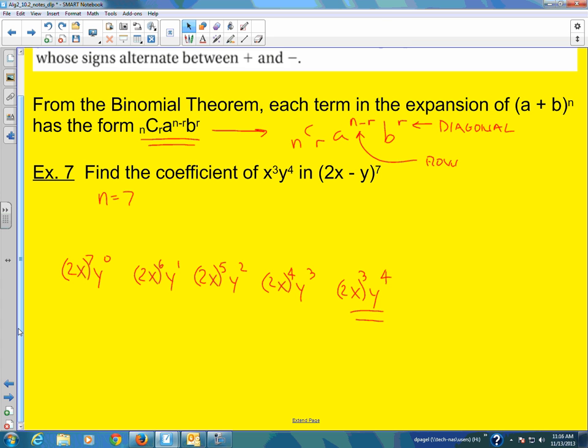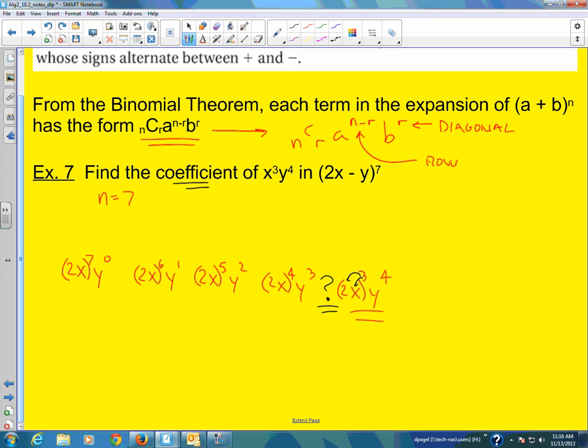And we're trying to find out what is going to be right there, after I take into account Pascal's triangle, and I have this 2 to the 3rd, x to the 3rd. I know that's going to be 8x to the 3rd. What am I going to end up with in front of that x to the 3rd, y to the 4th ultimately? That's what this is asking. What's that coefficient that's hanging out there?